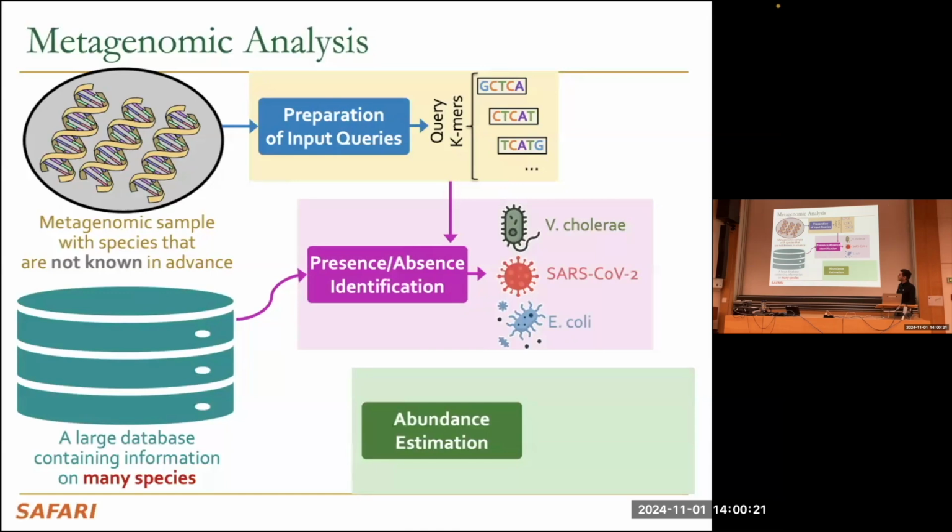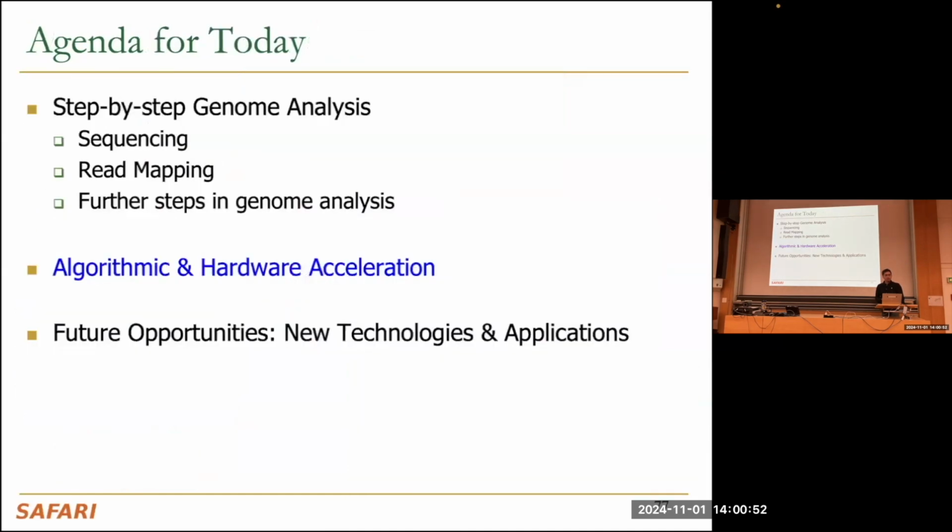And then once you have these matching subsequences, as you also asked earlier, maybe you can confidently say, if this particular k-mer is matching to a certain region, certain genome, you are very confident that this read must be coming from that organism. So by doing so, you can perhaps take the relative abundance estimation of each organism in your sample, and then you try to see whether you have a bunch of bacteria, viral genomes, or harmful pathogens growing in your sample. So I think this is a good time to take a break.